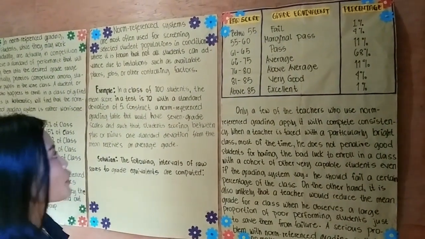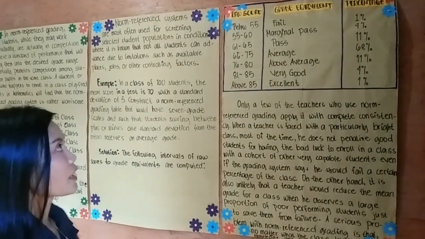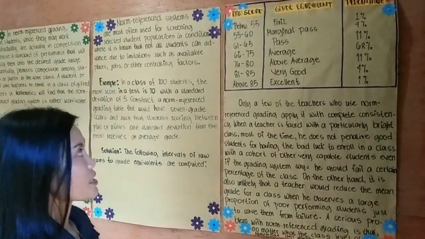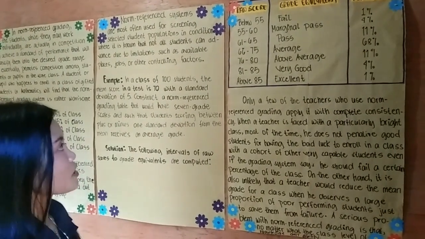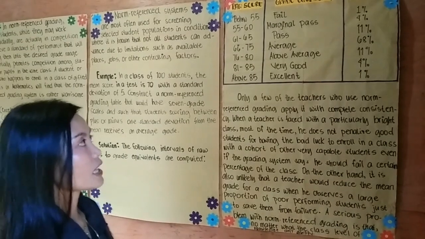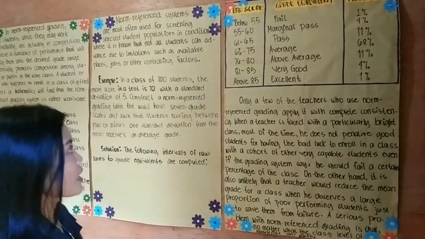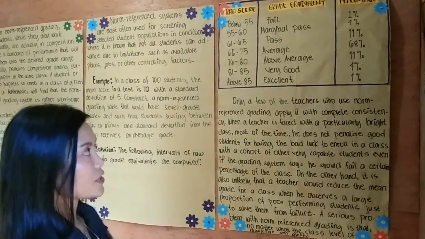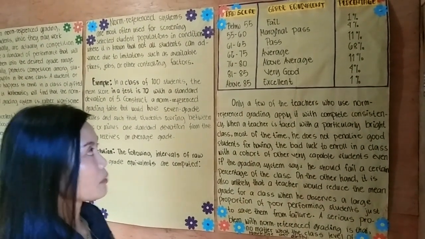The raw score of 55 to 60 is marginal pass, and the percentage is 4%. 61 to 65 is pass, and the percentage is 11%. The raw score of 66 to 75 is average, and the percentage is 68%.